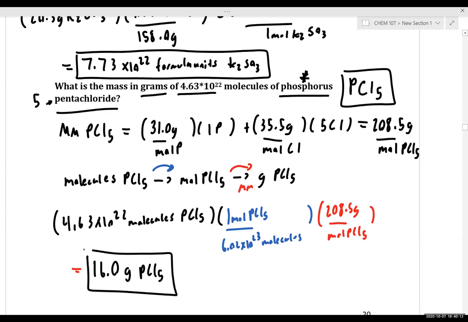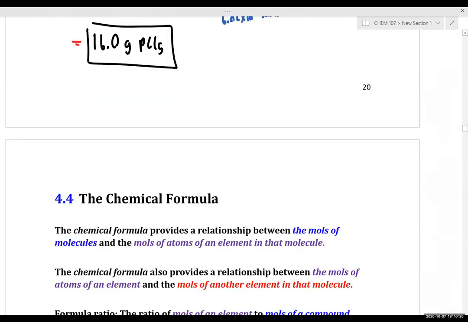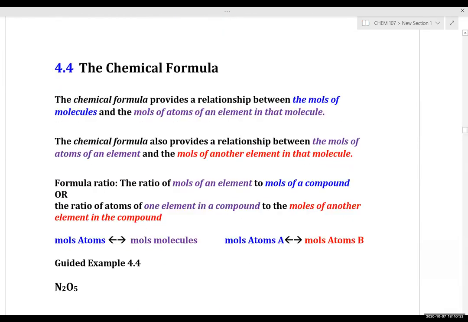Does this example make sense to everyone? Does this example make sense? Yes. Perfect.